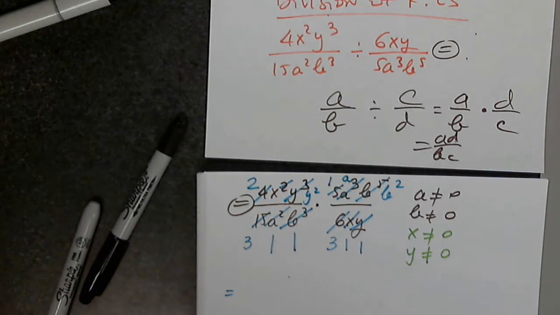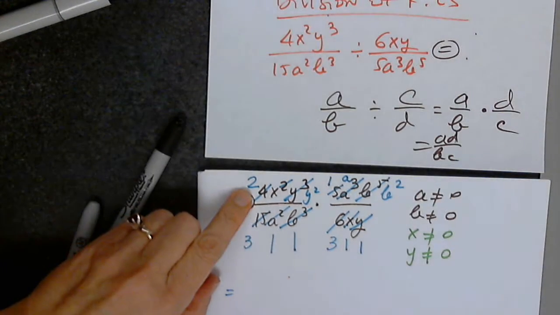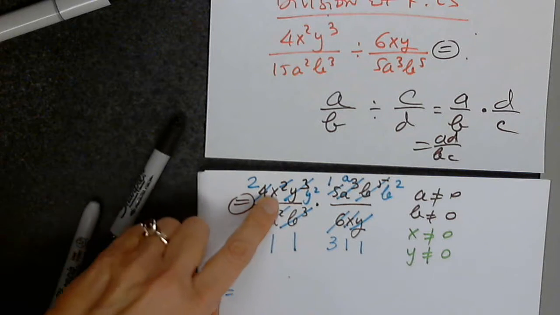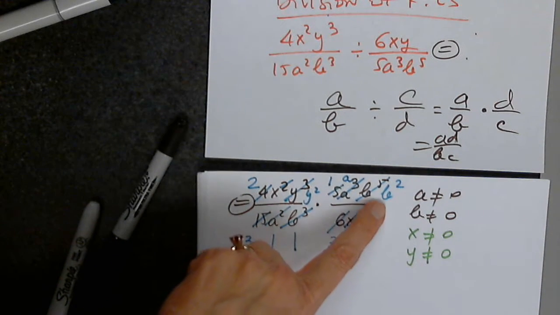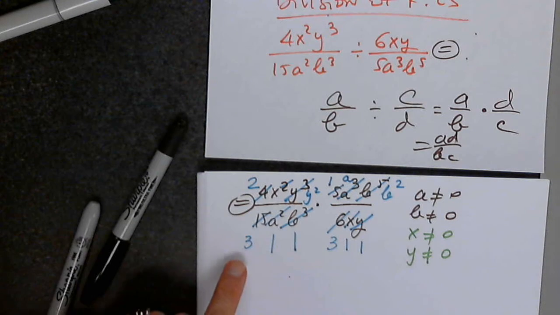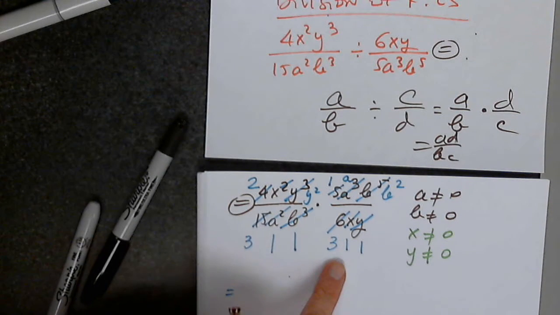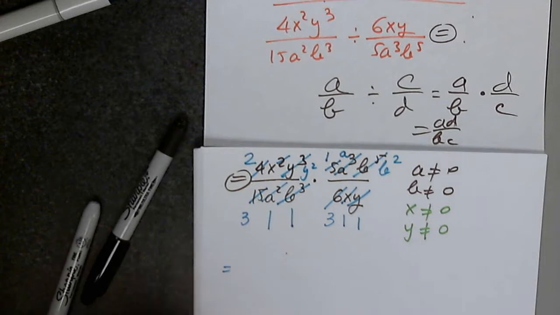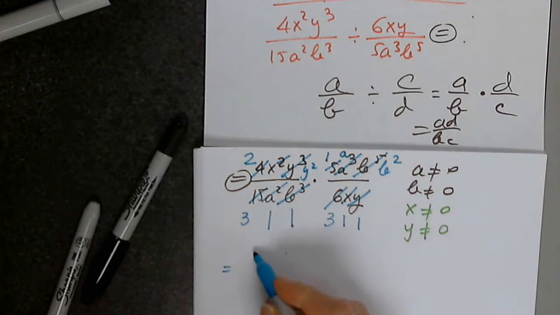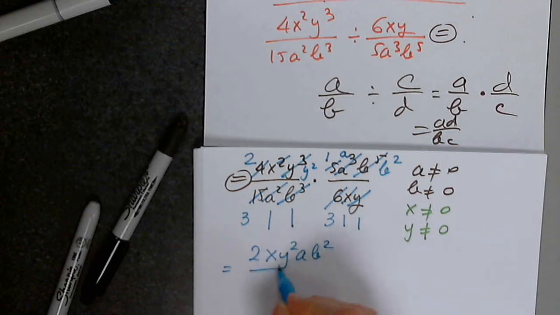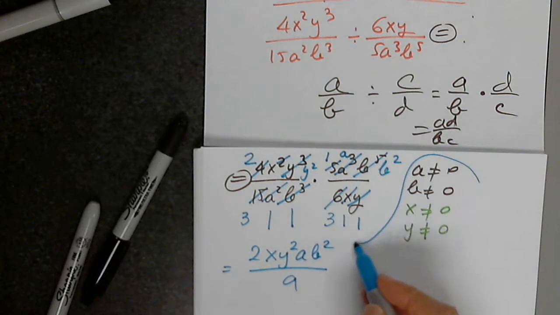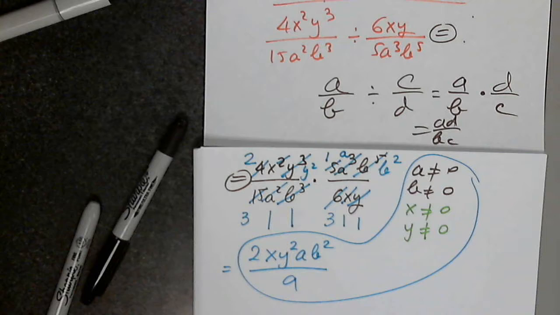Kind of difficult to see, let's go slowly. 2 is left, an x is left, a y squared is left, an a is left, and a b squared is left at the top. And just the 3 times the 3 is left in the denominator. So 2 times 1 is 2, x, y squared, a, b squared divided by 9, and this is the correct final answer.